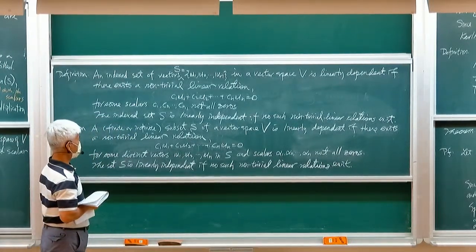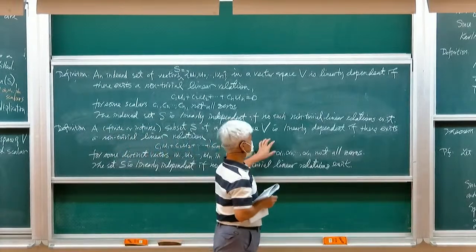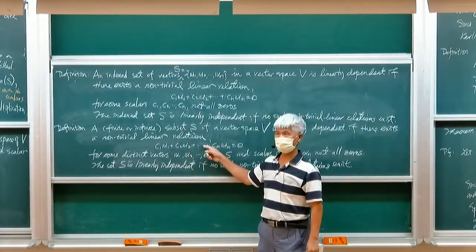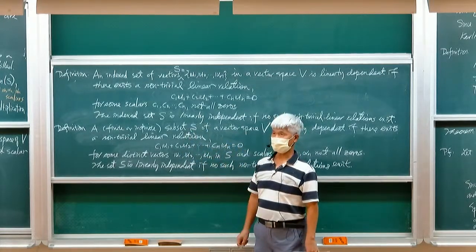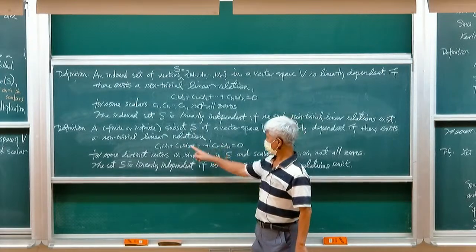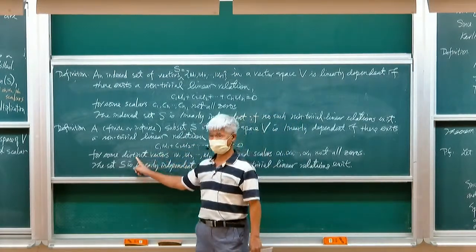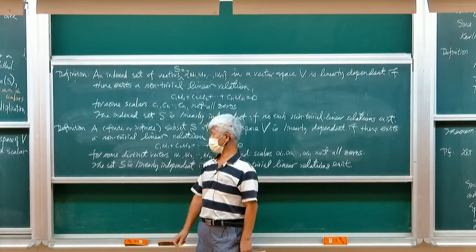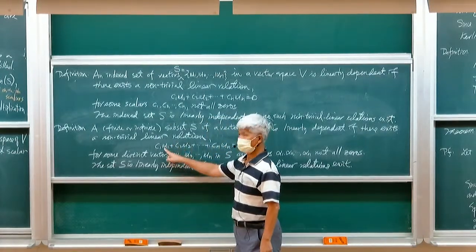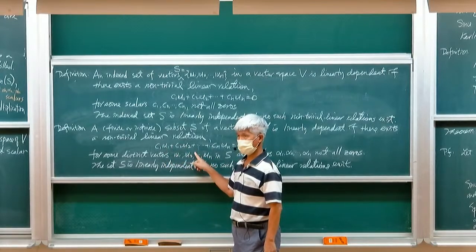So when we establish a linear relation for a non-indexed set, meaning an ordinary set, the vectors you select must be distinct. You cannot select U1 and then U2 the same as U1 to form it. Why?